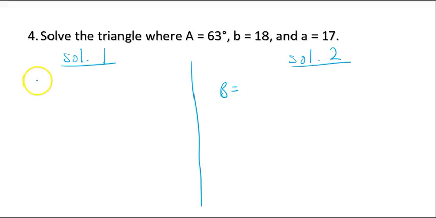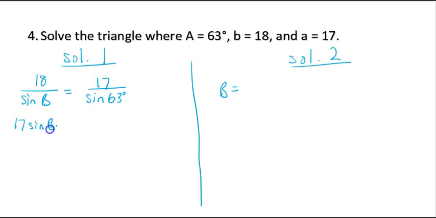So I'm going to do side B over the sine of angle B equals side A over the sine of angle A. And then I cross multiply, so I have 17 times the sine of B equals 18 times the sine of 63 degrees. So divide by 17.